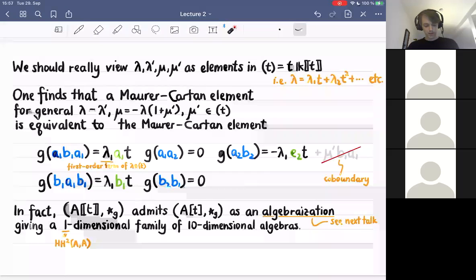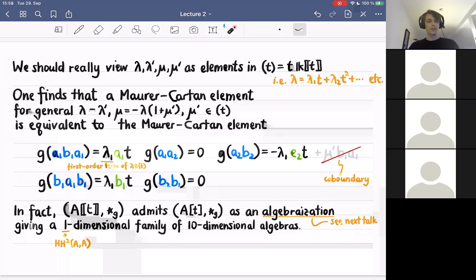Okay, and so what we get is a formal deformation, which is one-dimensional. In fact, it also admits an algebraization, because the star product is not a formal product anymore if you just have T here. It is defined also if we just tensor by K[T], the polynomial ring in one variable.